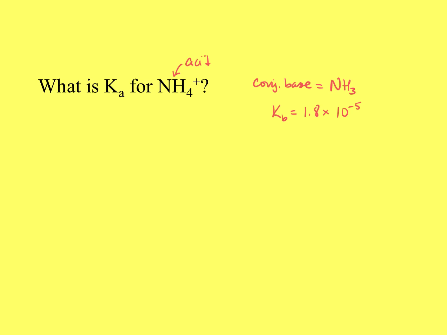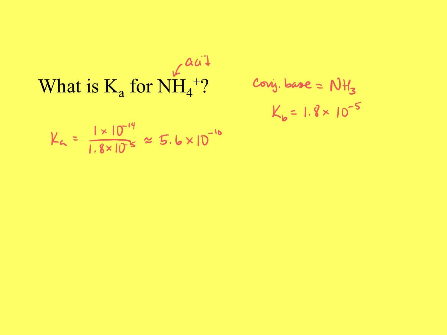Then, to find the Ka for the acid, you know that Ka times Kb equals 1 times 10 to the negative 14 power. So if I divide 1 times 10 to the negative 14th by 1.8 times 10 to the negative 5, I should get 5.56, I'll just say 5.6 times 10 to the negative 10.